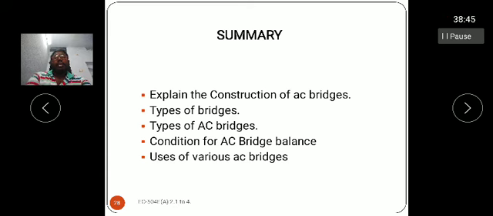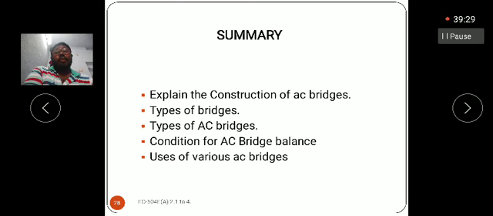If the bridge is balanced, then Z1 impedance is equal to Z1∠θ1, where Z1 is the magnitude of the impedance and θ1 is the phase angle. Similarly for Z2, Z2 is the magnitude and θ2 is the phase angle, and likewise for Z3 and Z4.